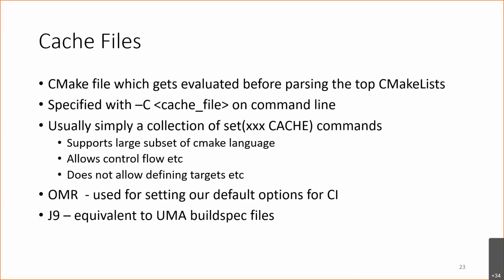You can have control flow, things of that nature, but you cannot define new targets in there. For OMR, we're really just using this to set up some default options for our CI builds. And in J9, this is where our build spec files, the equivalent in UMA, live. Everything that would have been a build spec has its own cache file in here.